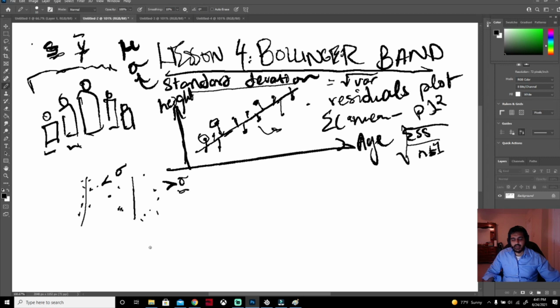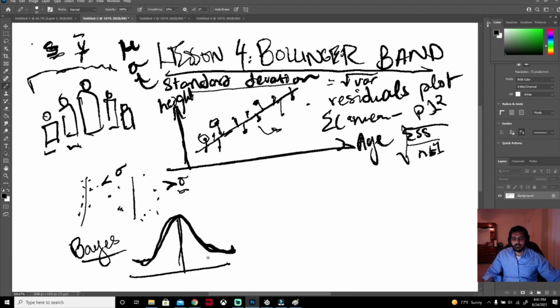So everything in the world by Bayes calculation follows this type of normal graph. Normal is a specific configuration of this type of graph, but you have tailing ends and you have a mean, right here.